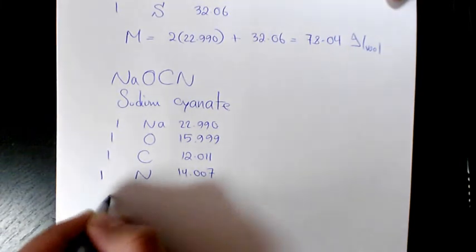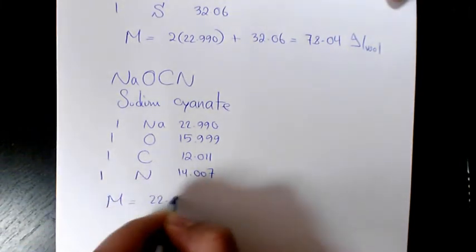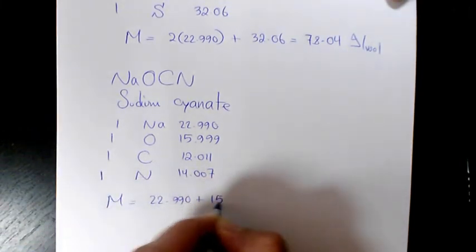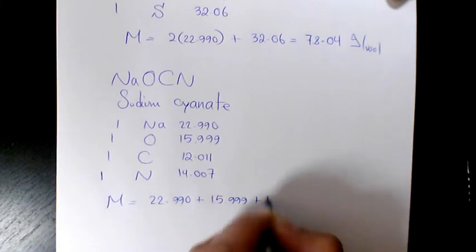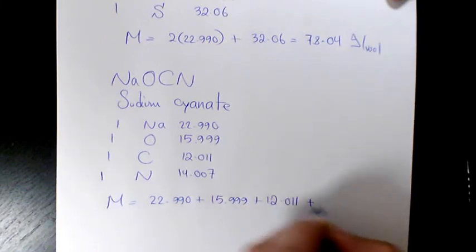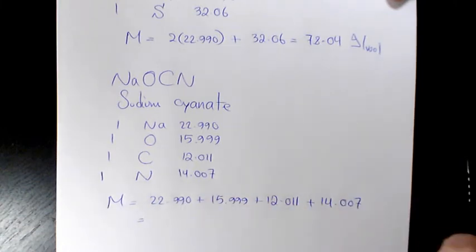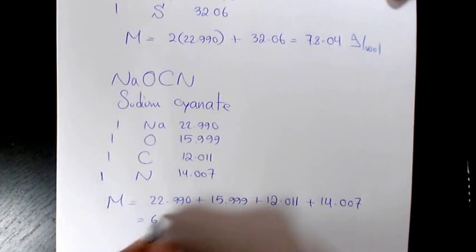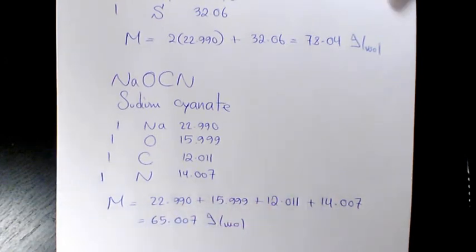So we have 22.990 plus 15.999 plus 12.011 plus 14.007. You add them all, it's going to give me 65.007 grams per mole. That's the molar mass of sodium cyanate.